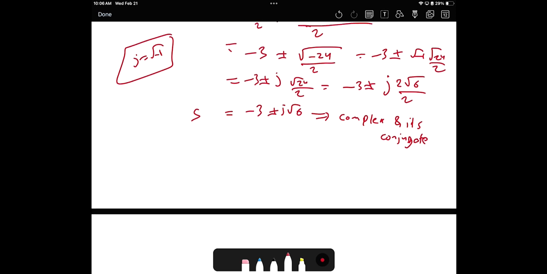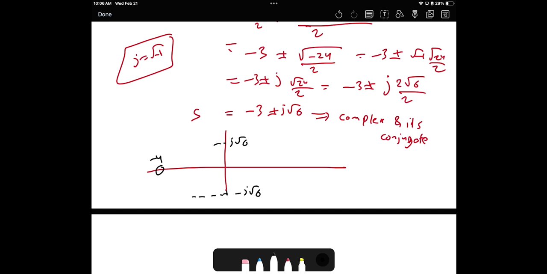Then if we need to plot this in the xy plane, we have the location of the zero at negative 4. The zero we draw as O, while the poles we draw as X. For the imaginary part, we have here j square root of 6, and here negative j square root of 6.